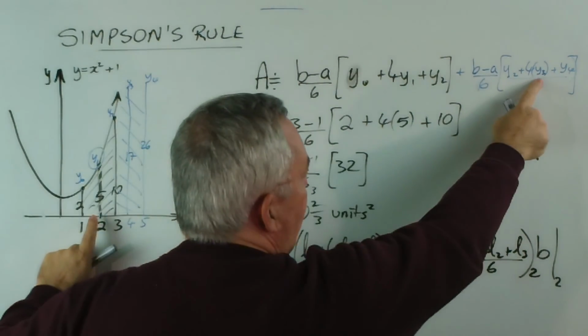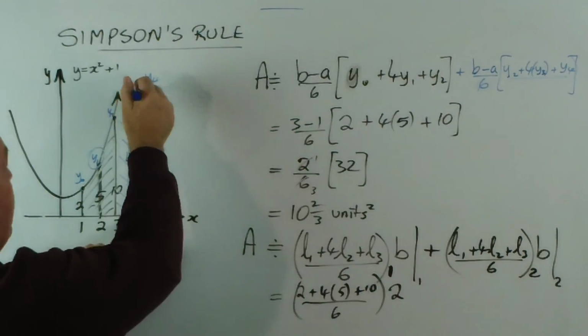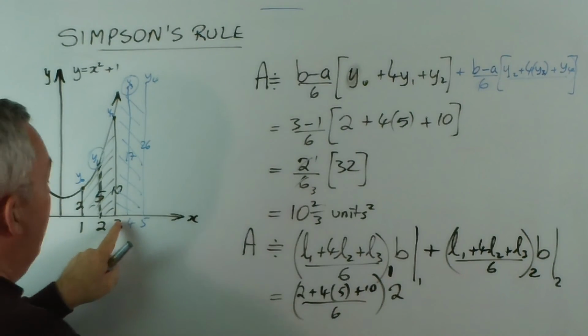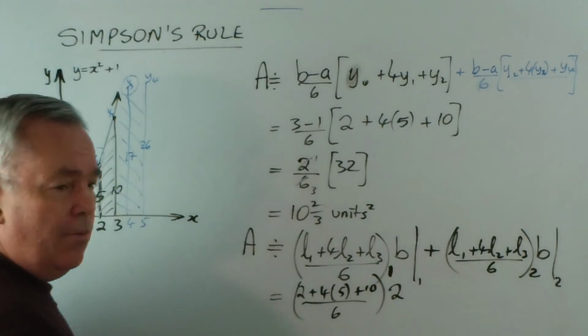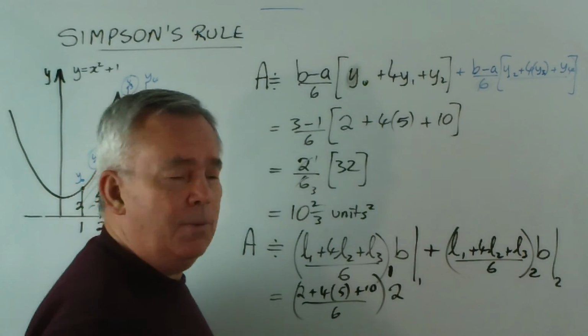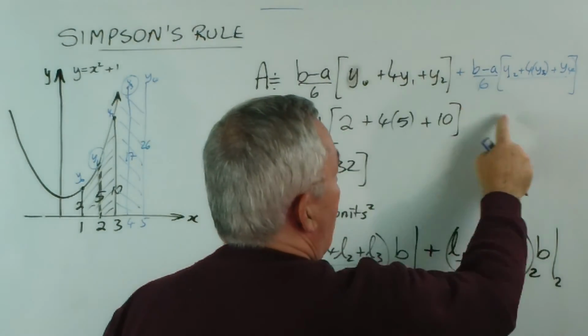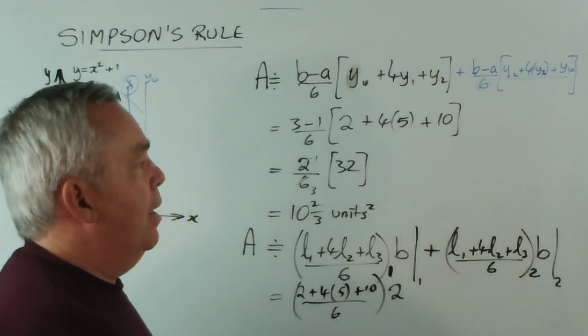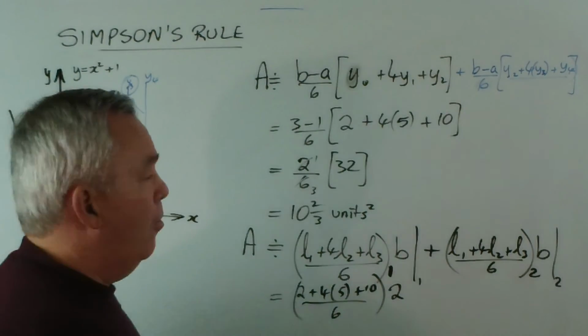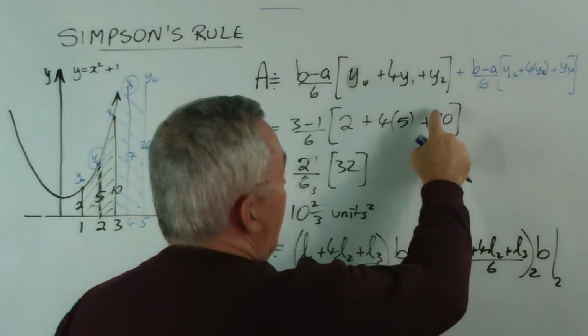We have 4 lots of y3 because it's in the middle of the next double strip. And if we had another one over here, we'd go y4, y5, so we'd have 4 lots of y5. You notice these are odd. 4 lots of y1, 4 lots of y3, 4 lots of y5. All the odd ones we would count 4 times.